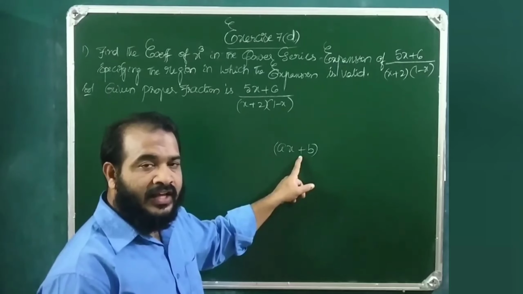There are two non-repeated linear factors, for which we take two constants to be evaluated. A / (x + 2) + B / (1 - x) = (5x + 6) / ((x + 2)(1 - x)) = (A(1 - x) + B(x + 2)) / ((x + 2)(1 - x)).